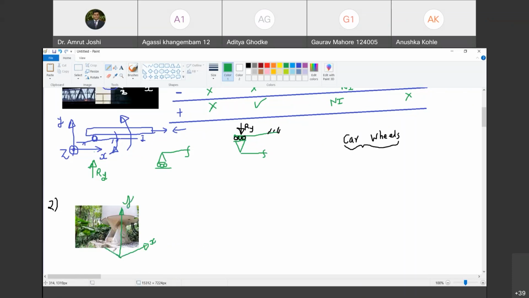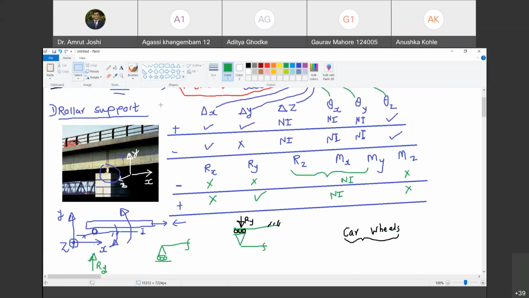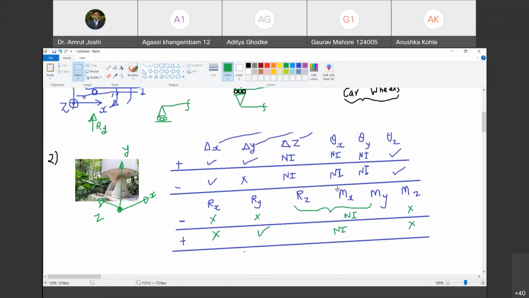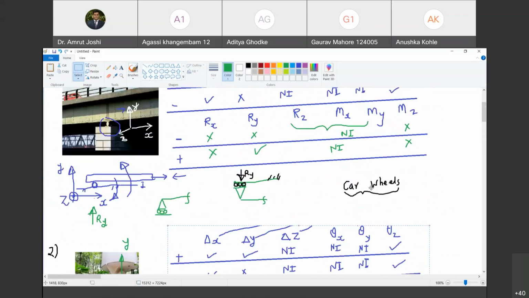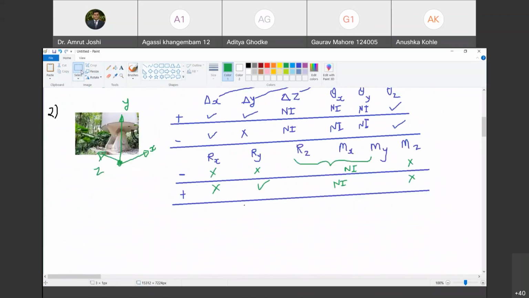Yes, sir. And let me call this direction Z. And we are going to duplicate this table. Yes. Now, what can you say about delta X?